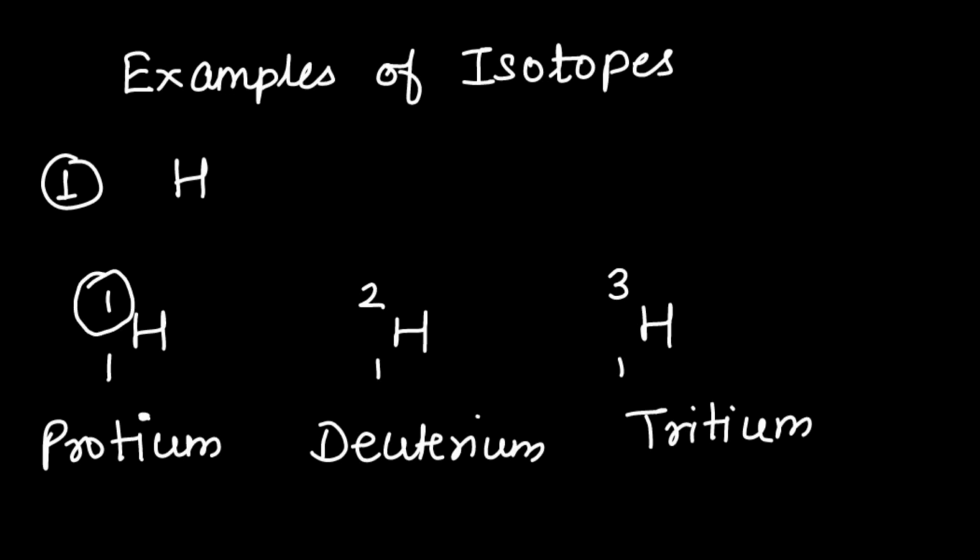In protium it is 1, in deuterium it is 2 and in tritium it is 3. So due to different mass numbers, they are the 3 isotopes. Due to the same atomic number and different mass numbers, they are called isotopes.